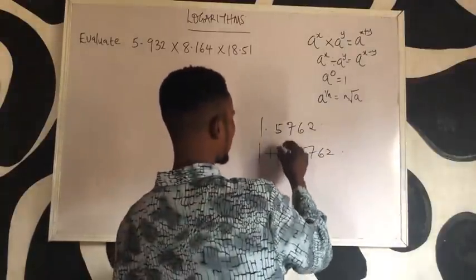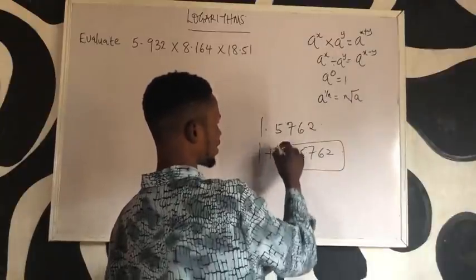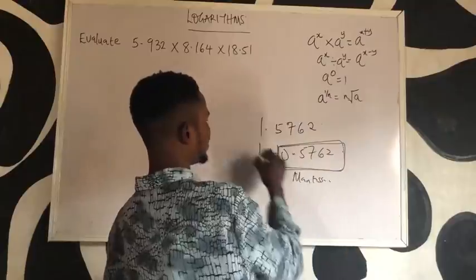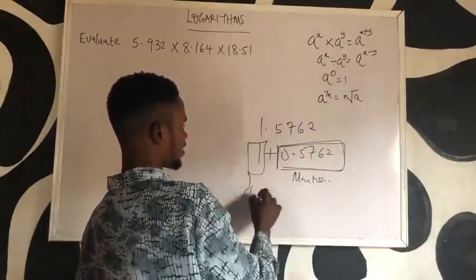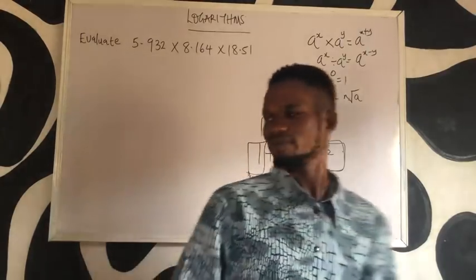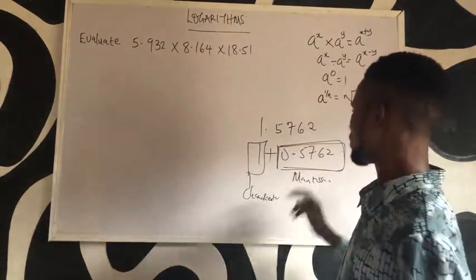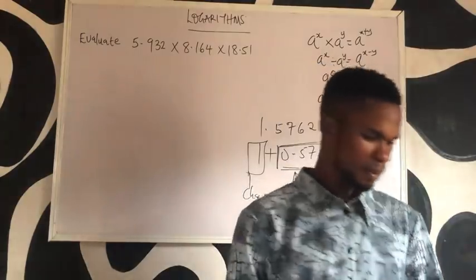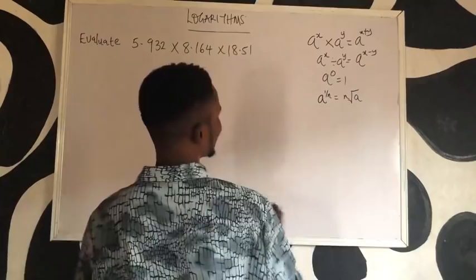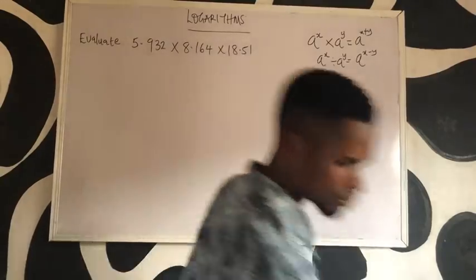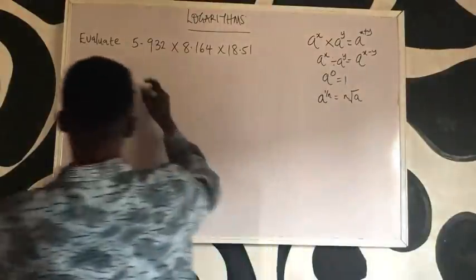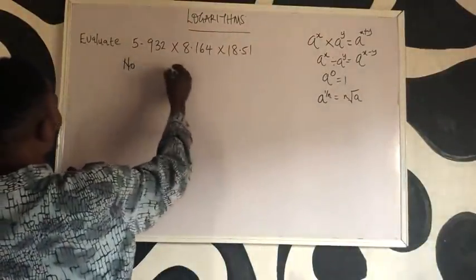This is the mantissa, and this is the characteristics. Okay, now how do we set logarithm tables? We have number, we have log.